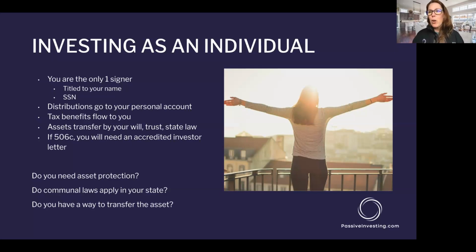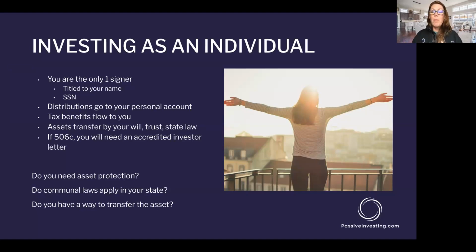Now, these three questions apply no matter how you're going to title and fund your deal. Before you complete the PPM, consider what kind of asset protection you need. Do communal laws apply in your state? Maybe you want to invest as an individual, but if you're in a communal state like California, as an example, you have to fill it out jointly.